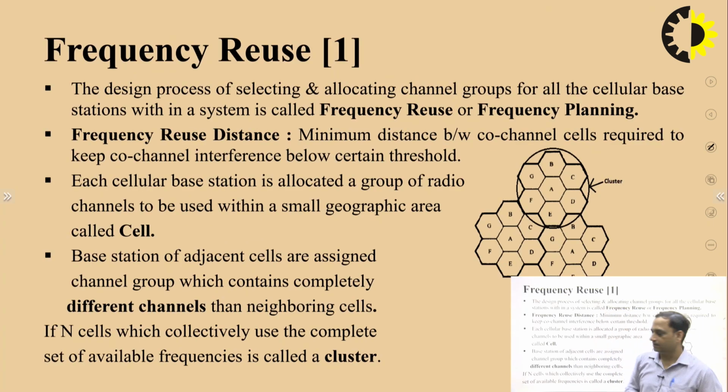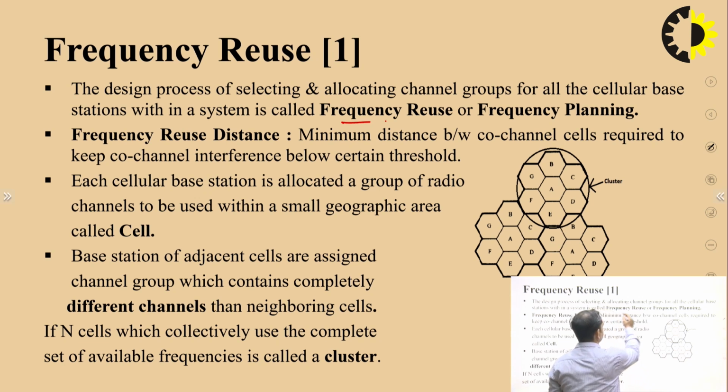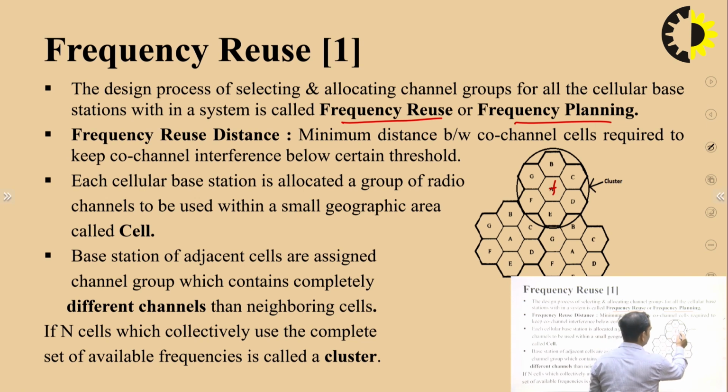The next important point is reusing the frequency. We call this concept frequency reuse or frequency planning. In frequency reuse, as I said, if we want to utilize the frequency f1 here, then the same frequency f1 will be utilized here, and here too.